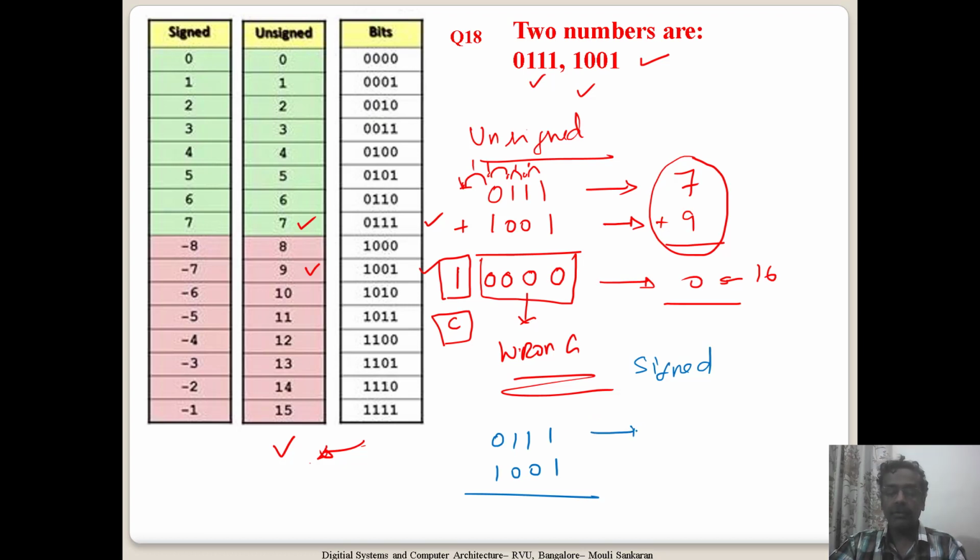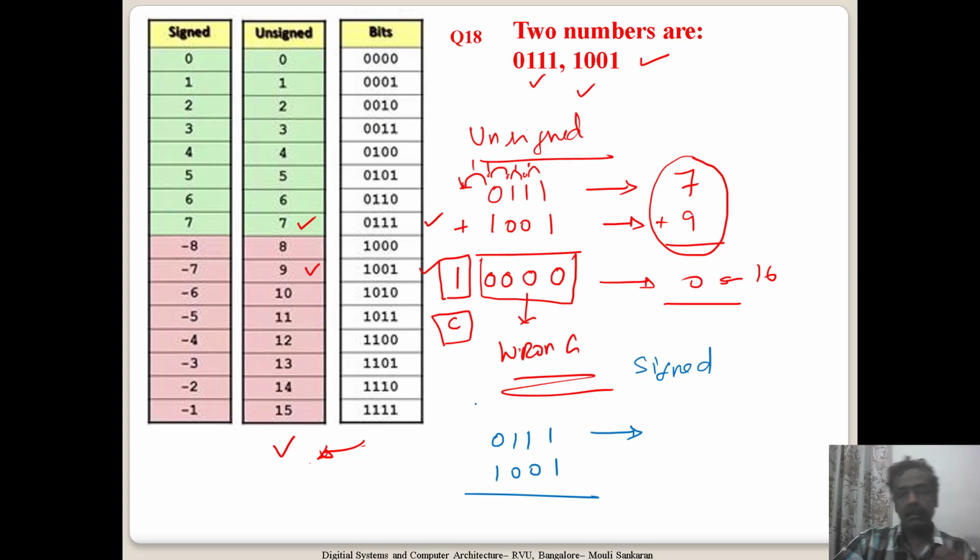We are going to assume that it's signed arithmetic. Now you may wonder how the processor will know? Processor doesn't know. But when you declare a variable in your C program, signed integer or unsigned integer, the compiler generates assembly instructions which will interpret different flags to find out whether the result is correct or wrong.